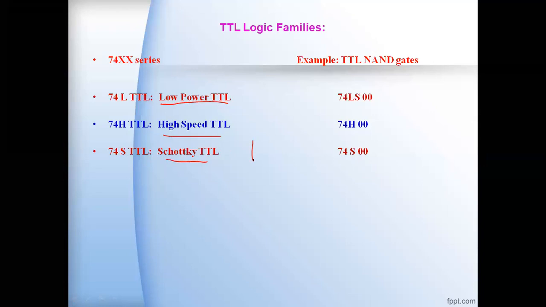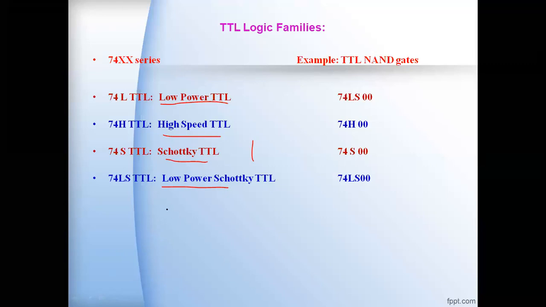After this 74S TTL, we have 74LS TTL, which we discussed in the morning session, the low power Schottky TTL. In this low power Schottky TTL, we use higher resistor values. The resistor values are changed to the higher values. So here is the low power Schottky transistor.